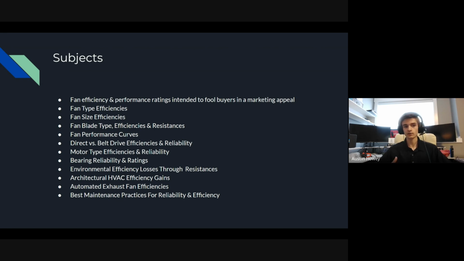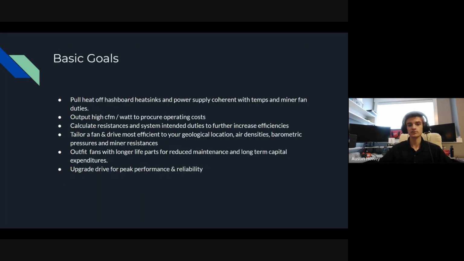So this is what we're going to weave in and out, and I'm going to start with this video that's going to start explaining the different efficiencies and how this is all optimized in a certain aspect. But to begin, I would like to lay out the foundations of what your basic goals are for Bitcoin mining.